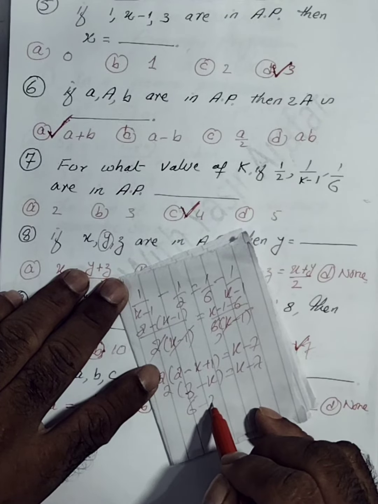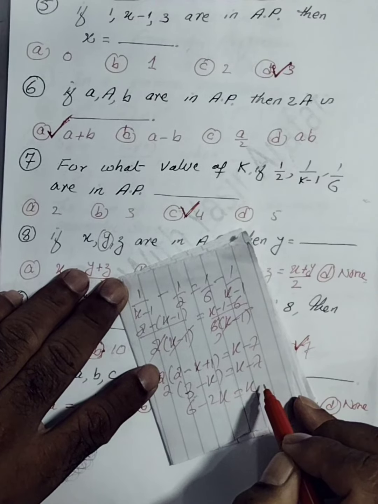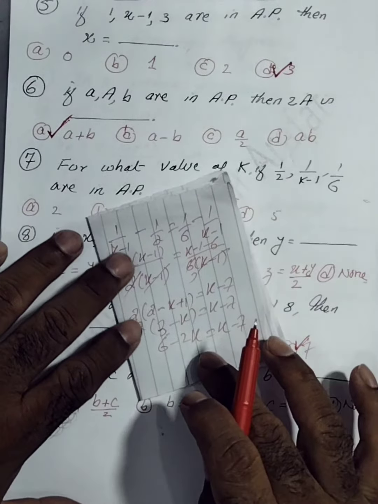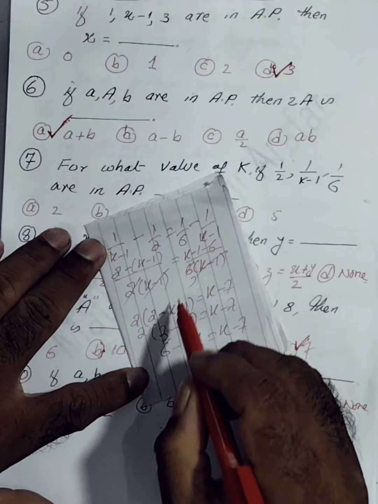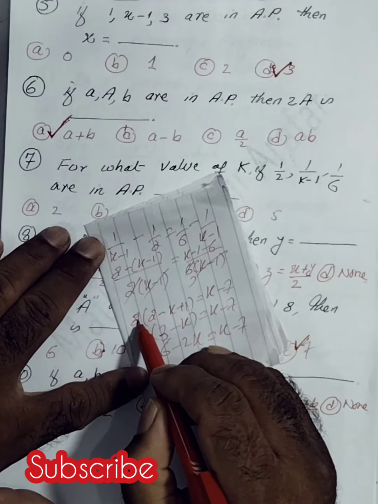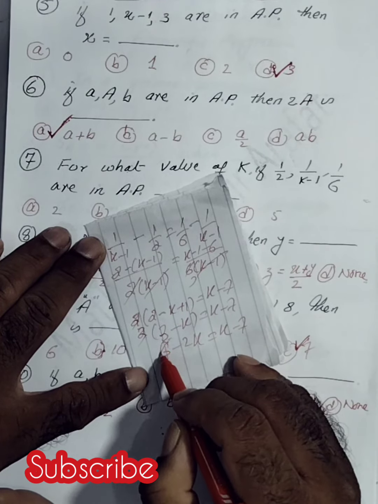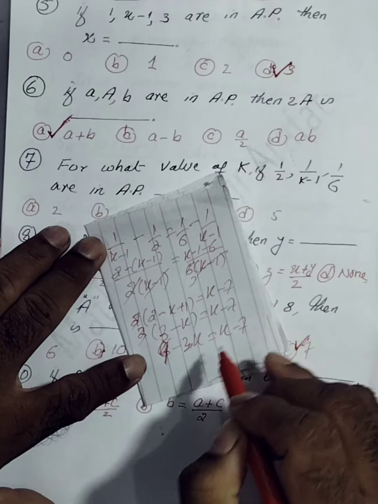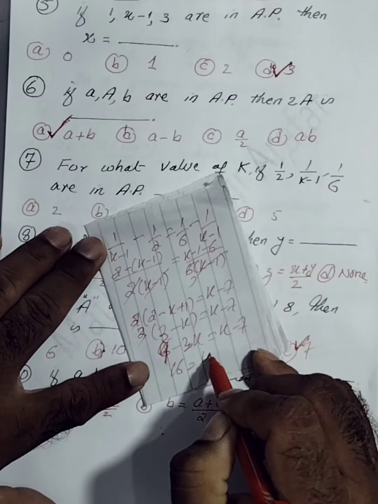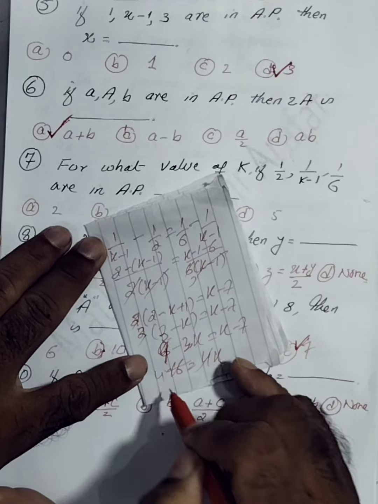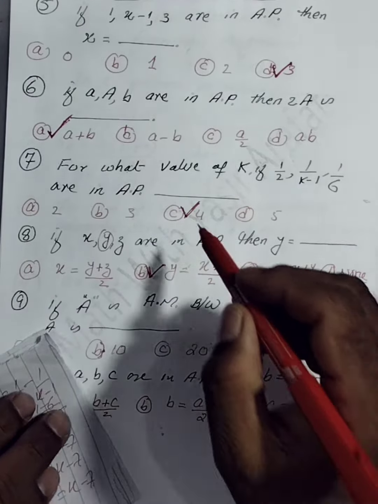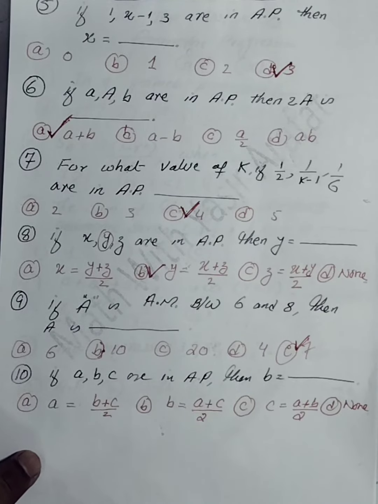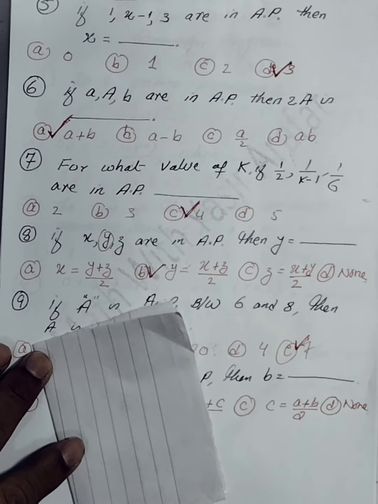So 3 equals 2k minus 7, 2k equals... sorry, 3 times 3 is 9 and 3 times 1 is 3. So this is 9 plus 7, 16, 4k, 4 fours are 16. So the value of k is 4 and the C option is correct for the seventh MCQ here.